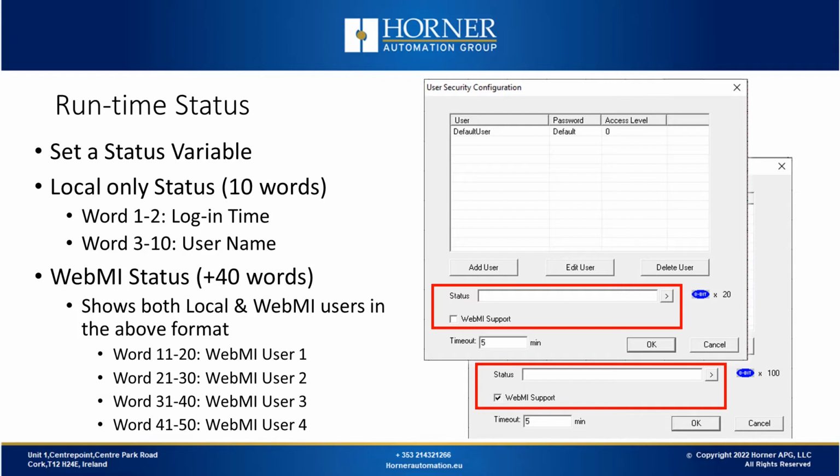If I prepare the project for WebMI, we'll select the WebMI support checkbox, and then our status goes from 10 words up to 50 words, where as well as the local user information, we also have 4 sets of concurrent WebMI logins that we can monitor as well. That's because with WebMI you could have multiple people logging in simultaneously in addition to the operator.